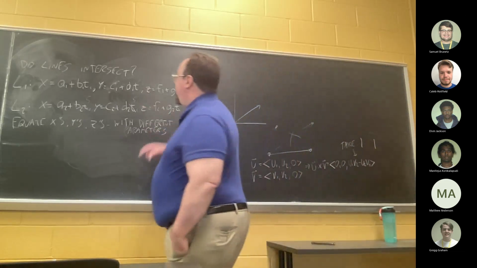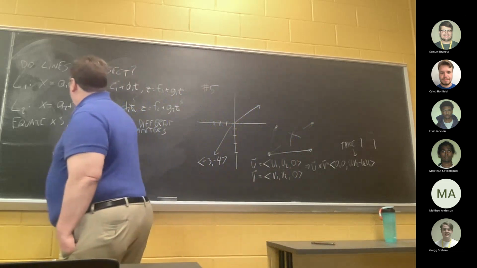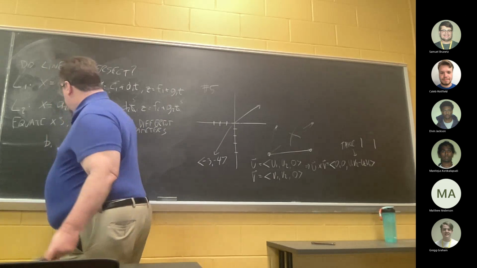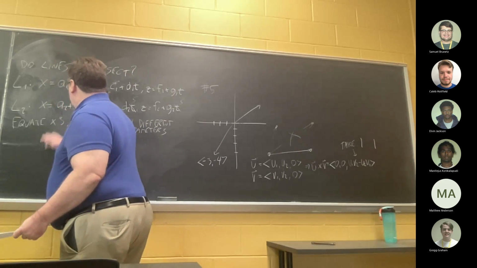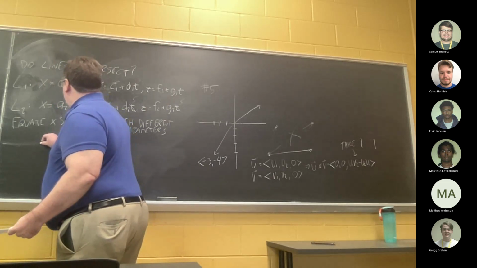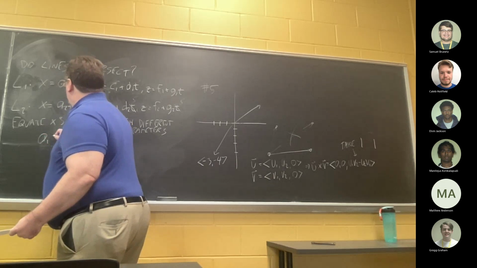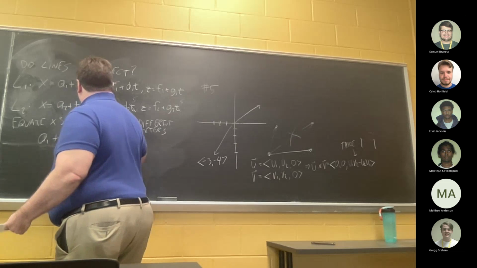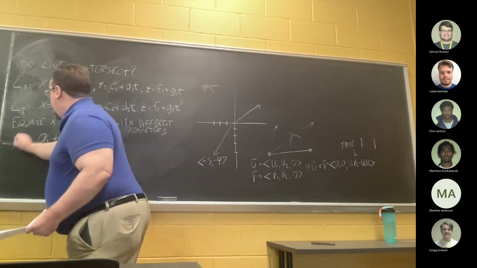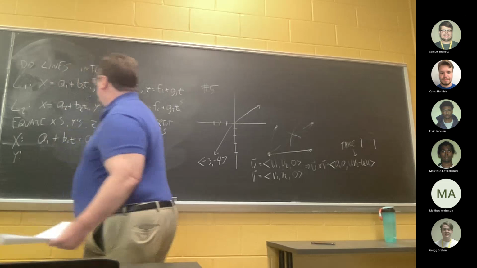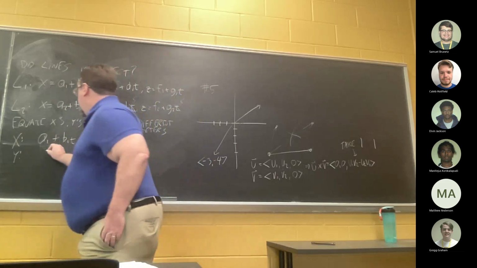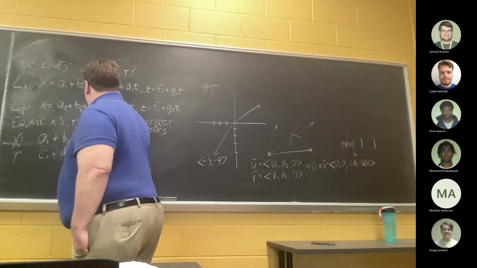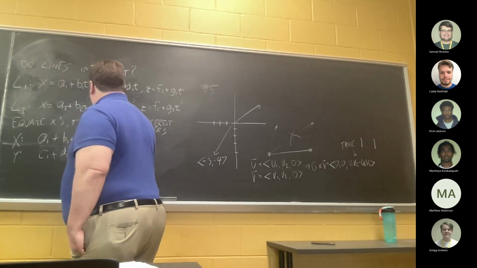So if I set the x's equal to each other, then I have a1 plus b1t equals a2 plus b2s. That's for x. And then I do the same thing for y. c1 plus d1t is equal to c2 plus d2s.